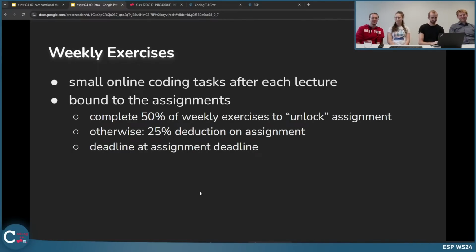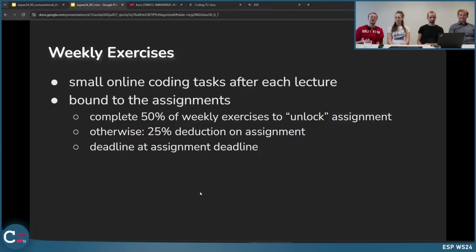So each week, starting from next week, there will be small coding tasks that you can solve, approximately 2 to 4 exercises per week. They are related to the practicals and also to the assignments. So there will be coding tasks related to assignment 1, for example, and you need to complete at least 50% of these coding tasks. And why do we want to do this?